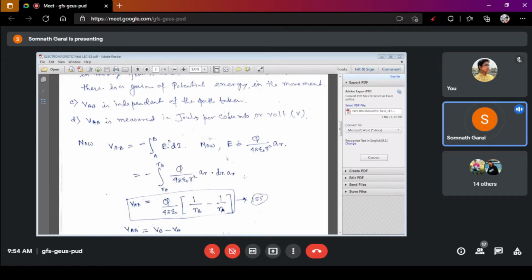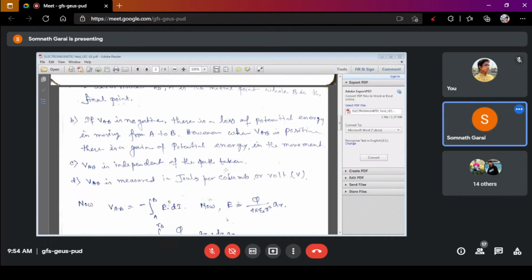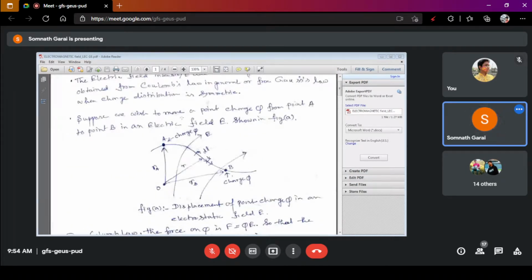Okay. Now, the position vector of A, that is the distance from the origin, is small rA, and the distance of point B from the origin is rB.